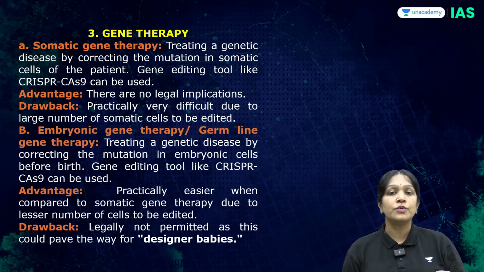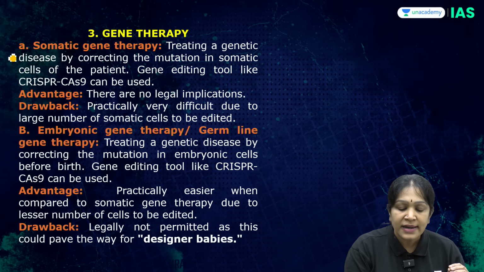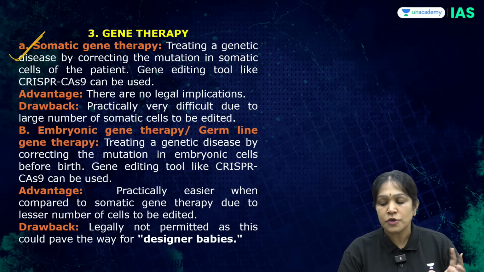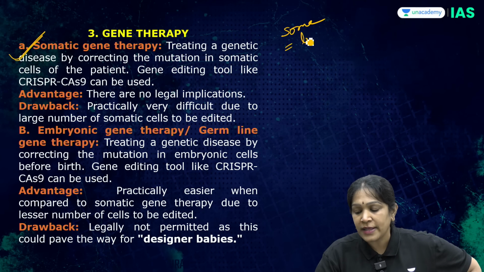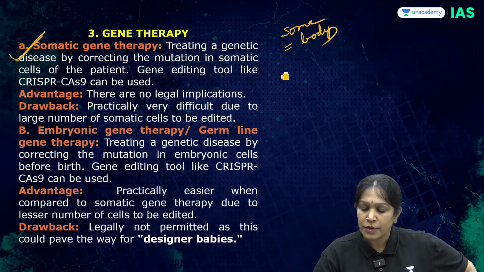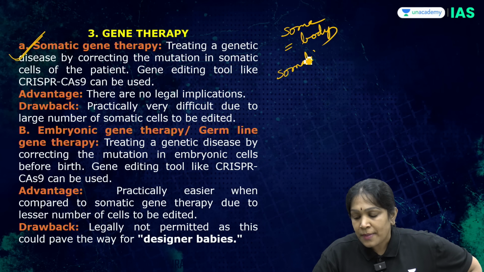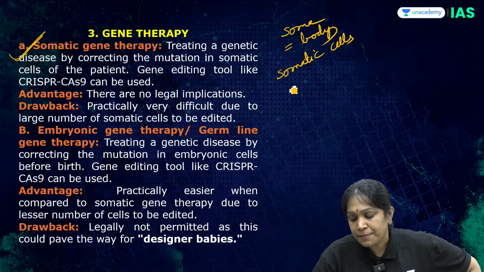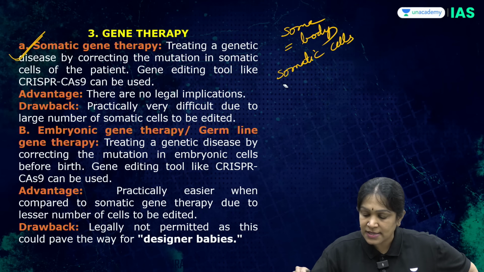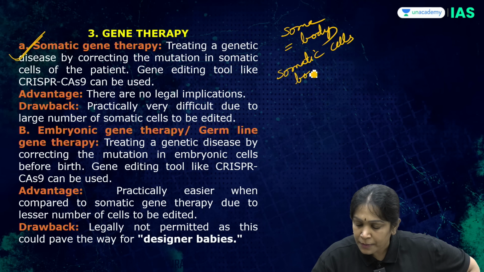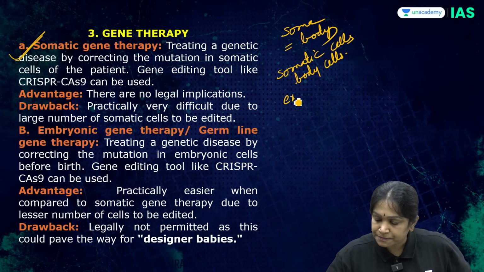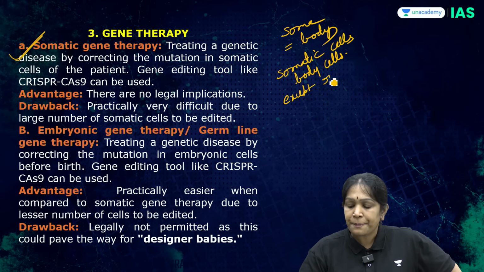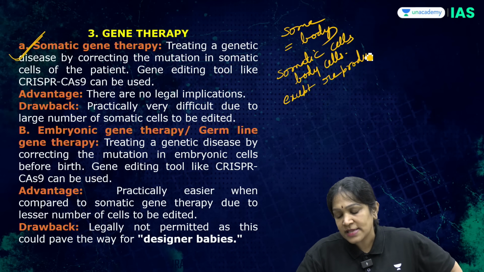And if we do the gene therapy in the somatic cells of our body, somatic cells means what? The word soma means body. Therefore, somatic cells means body cells. Somatic cells means the normal body cells, all the cells except the reproductive cells.